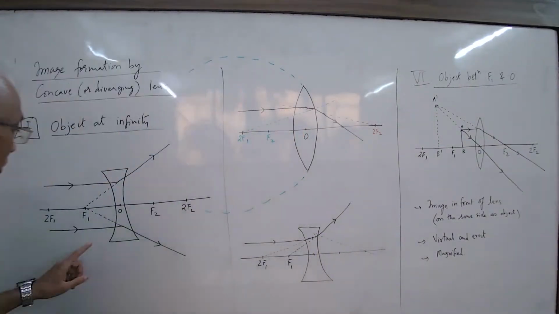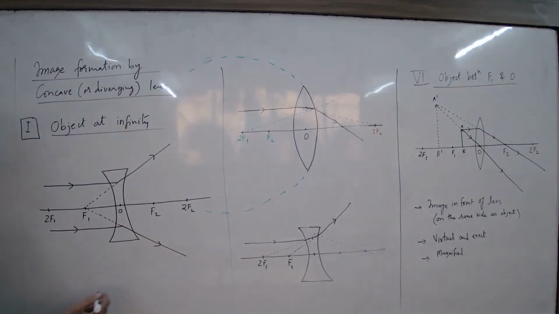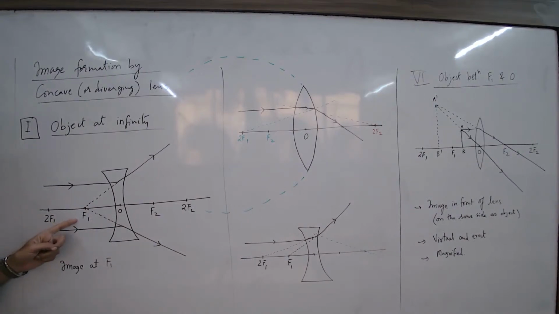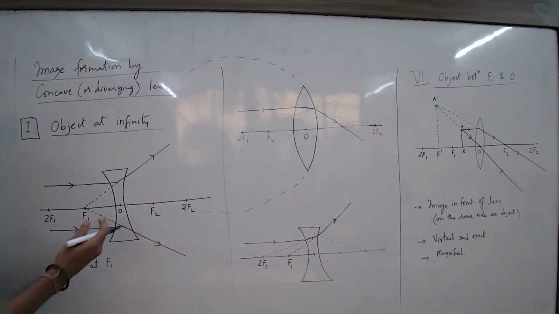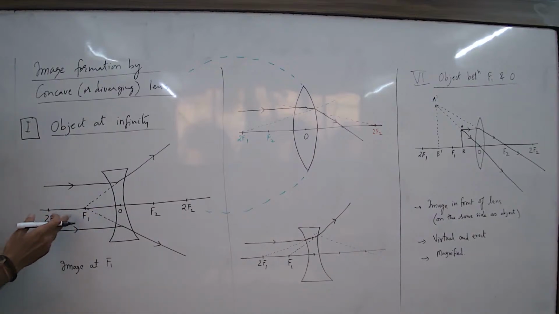So what is the image position in this case? At focus. Which focus? F1. Since we are specifying the focus number, you don't have to specify in front of the lens or behind the lens, because in the diagram we have shown where F1 is. Now, since the image is formed on the same side as the object, it has to be virtual.